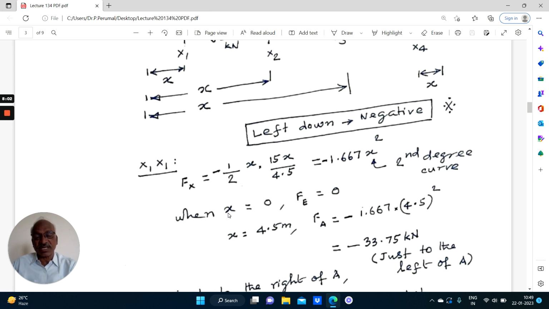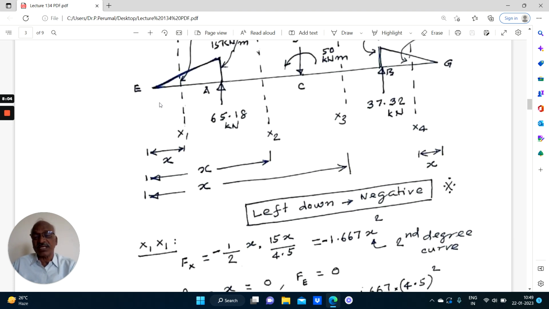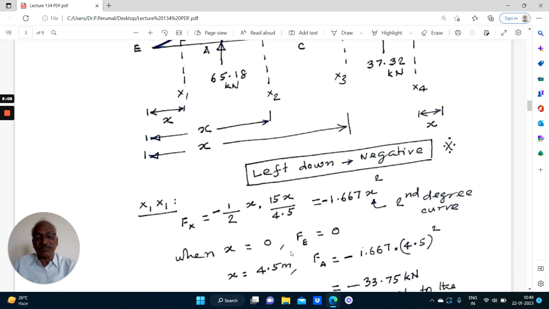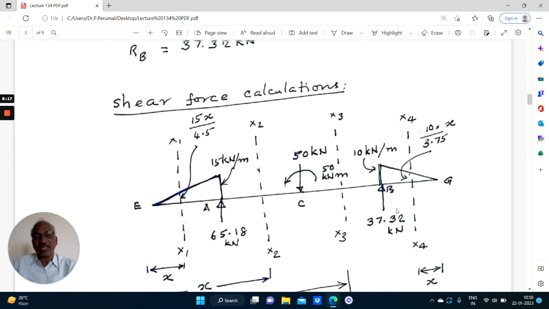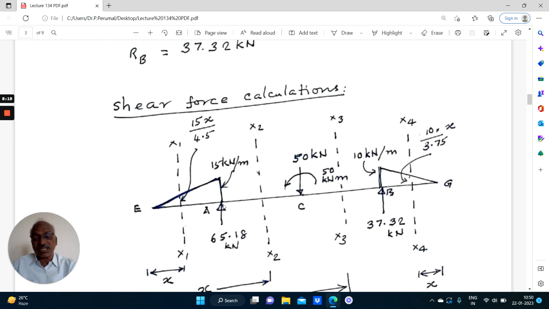When x equals 0, at the free end E, FE equals 0. When x equals 4.5, FA equals minus 33.75. One more point to remember: there is a reaction at this point A. So you have to consider just to the left of the section, so that you need not bother about the value of RA. Just to the right of the section, we have to consider 65.18.